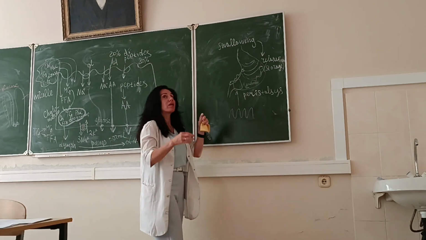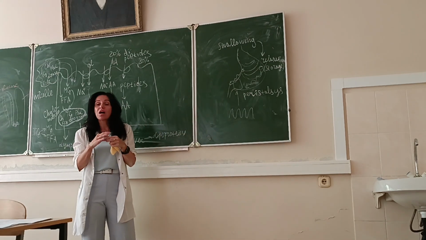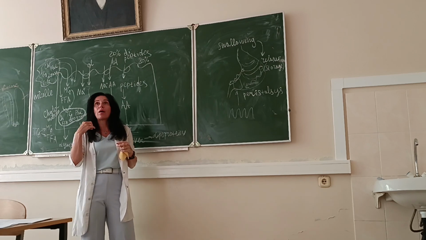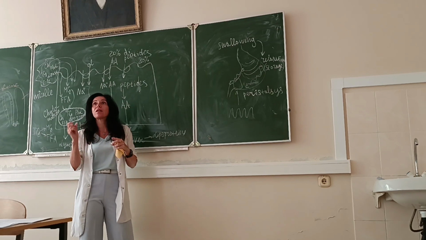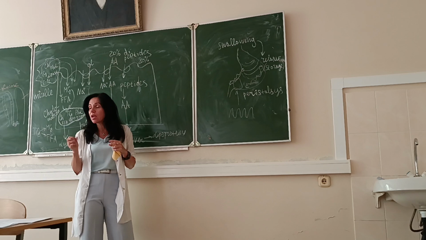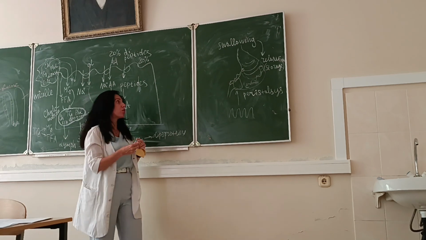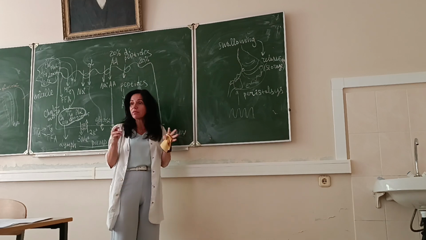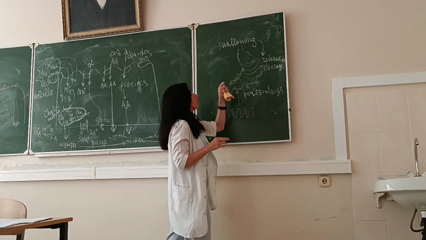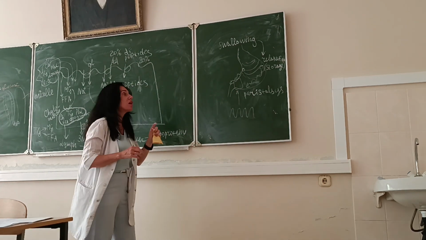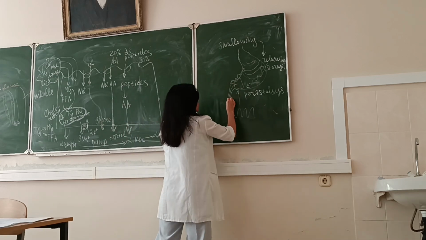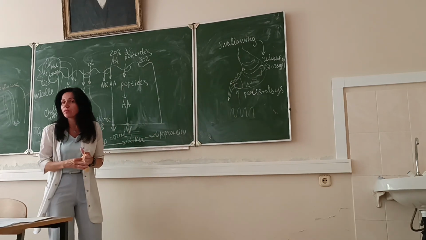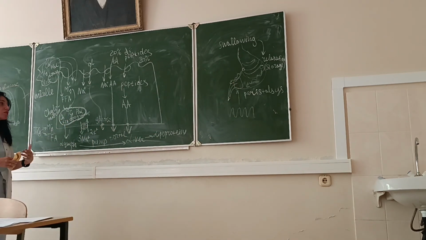When chyme becomes acidic and has the smallest particles, it opens the pyloric sphincter and some portion, not all of the chyme, goes to the jejunum and continues digestion.